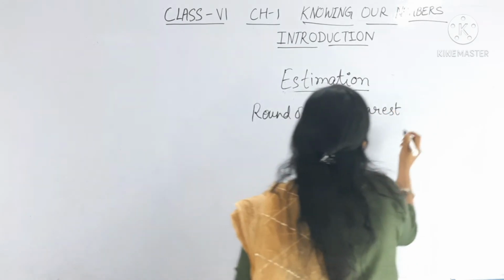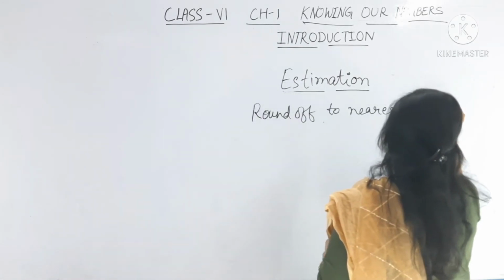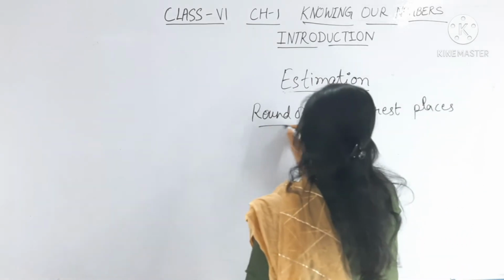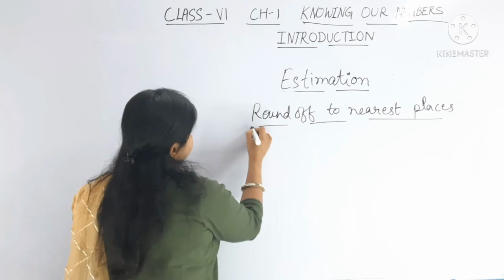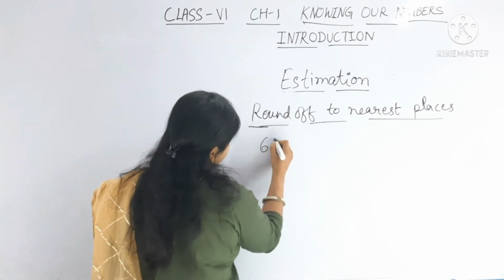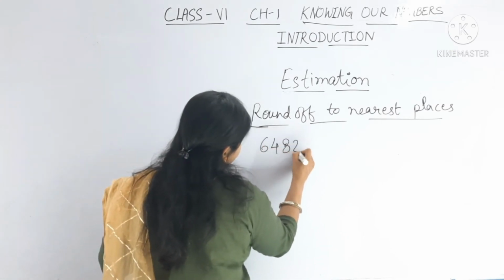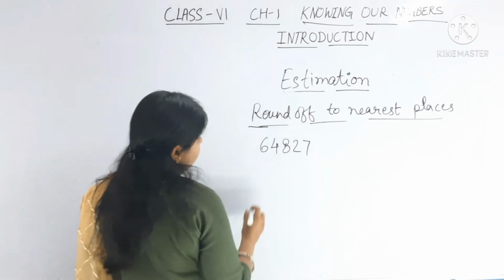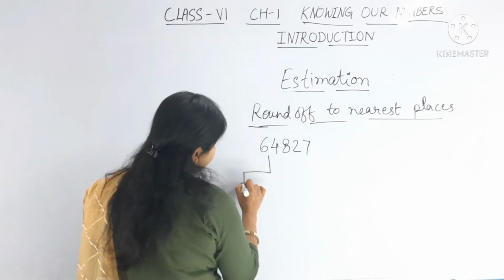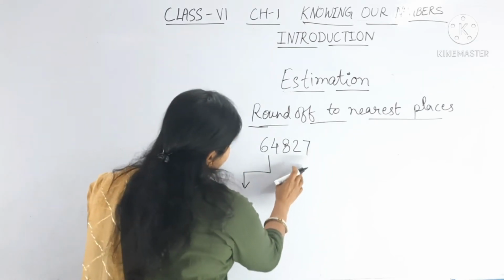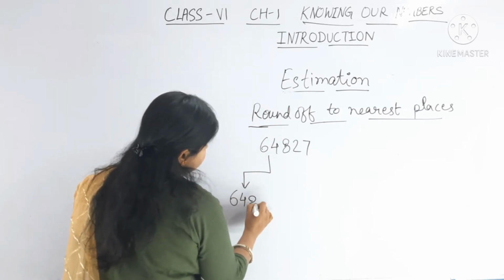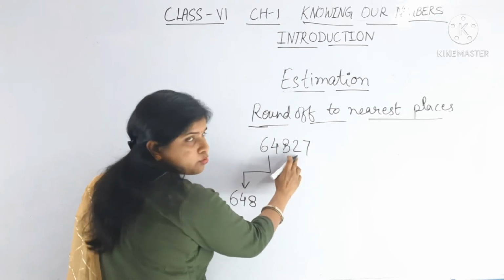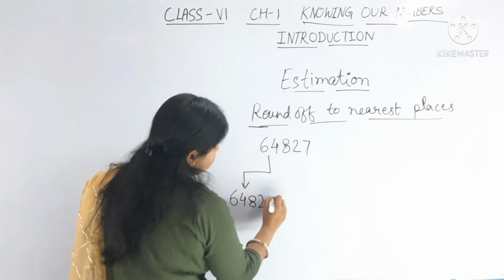Round off to the nearest places. Like this you have the question in this chapter. Let's take an example: 64,827. So how can you write it for the ones place? 6, 4, 8, here is 2, so we have to write 0 only.